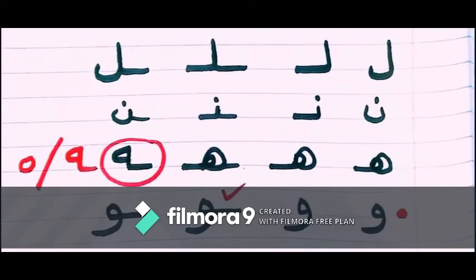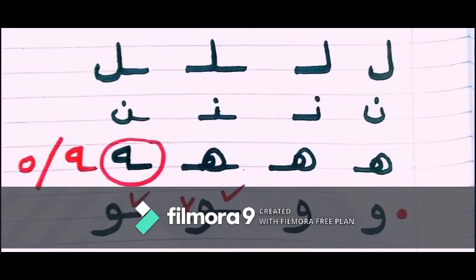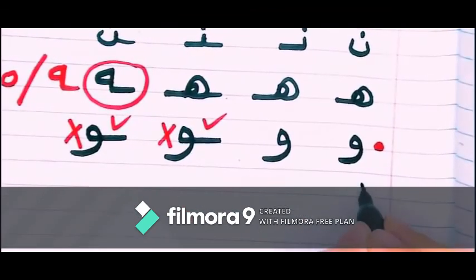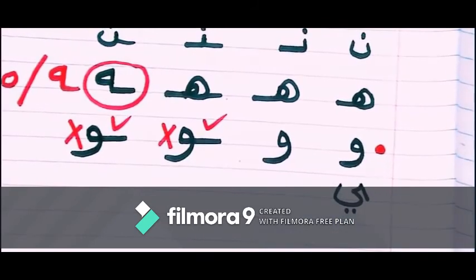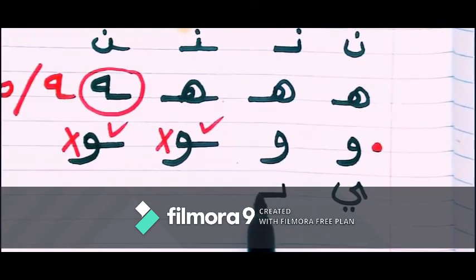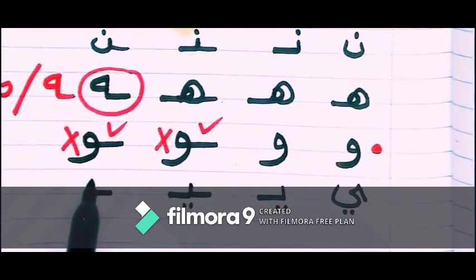So you do connect it to letters before, but nothing after. And then we've got the ya. It's the same as ba, ta, tha, noon. So you start this way. You write ya here. In the middle, ya. At the end, then you bring that curve.